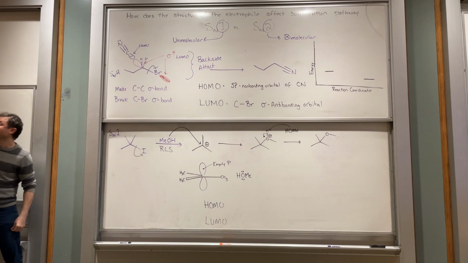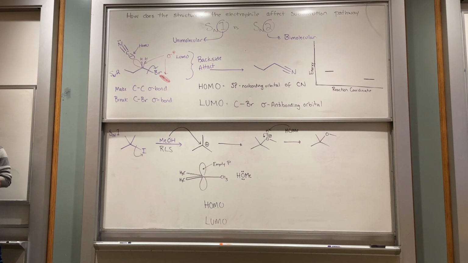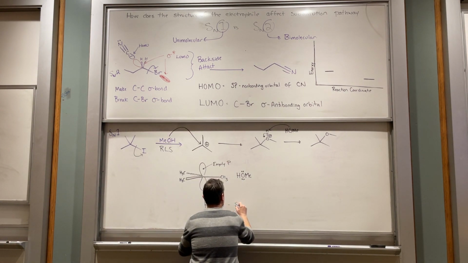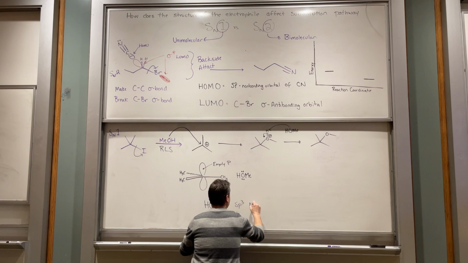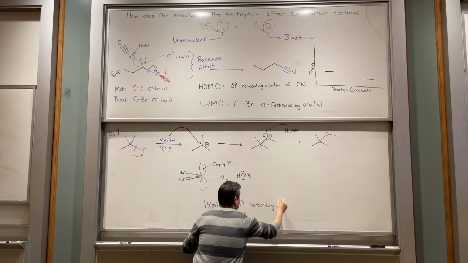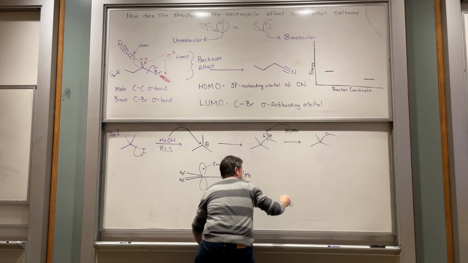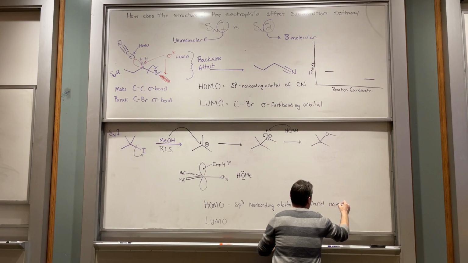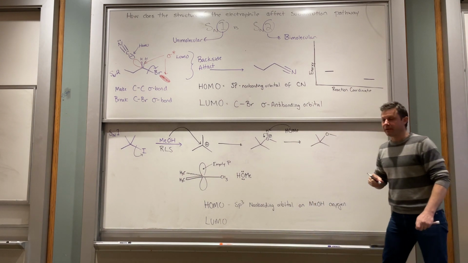The SP group. SP. What's the hybridization of oxygen? Evan? SP3. SP3, yeah. Right, so this is going to be SP3 non-bonding, right, on the oxygen of methanol.